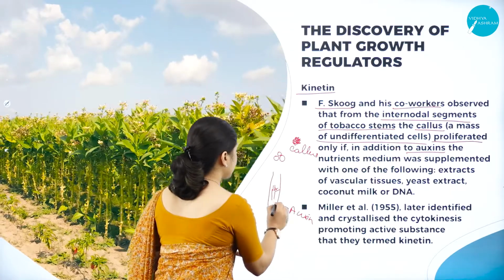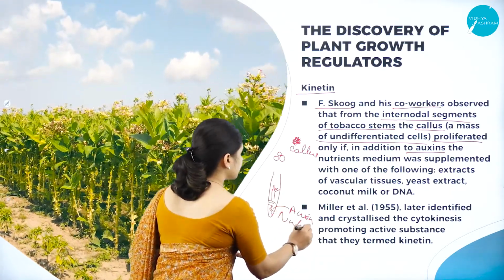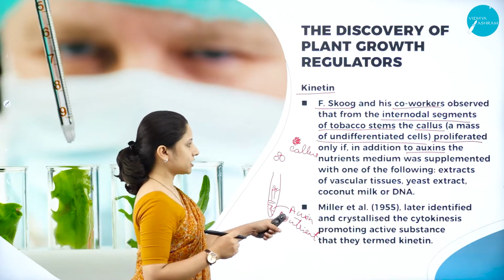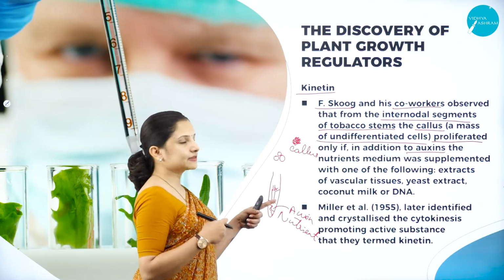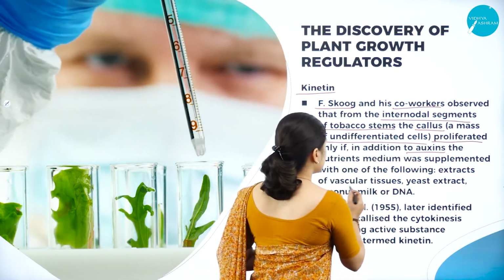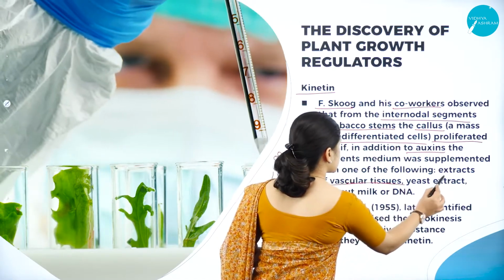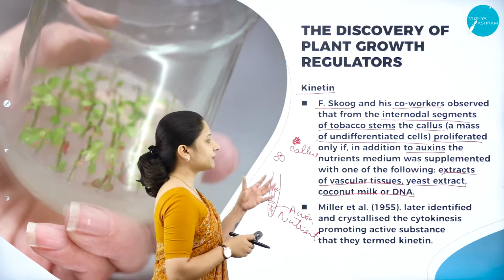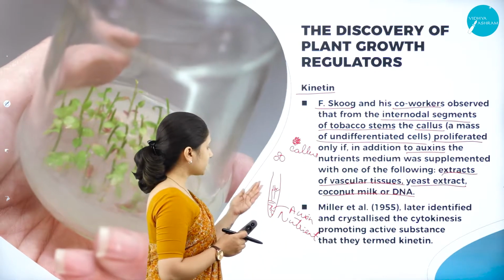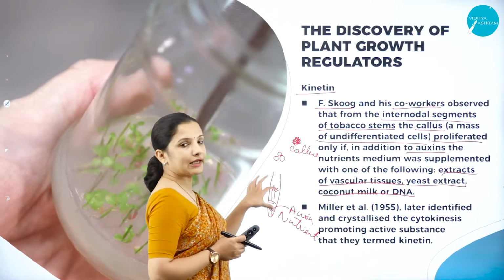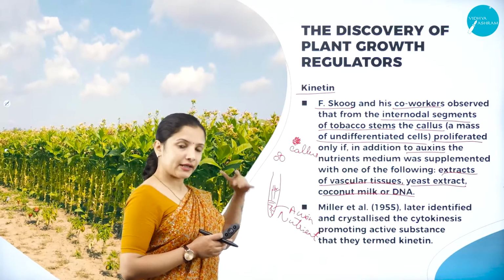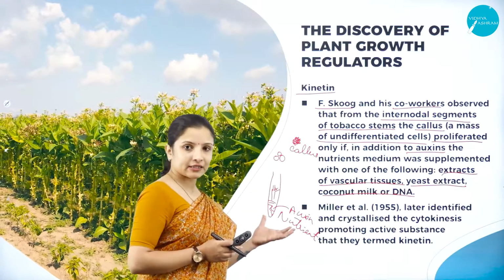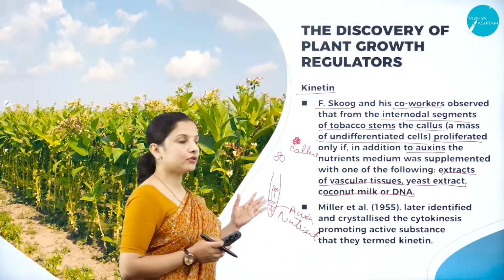They also added some extra supplements, such as extracts of vascular tissues, yeast extract, coconut milk or DNA. That is when they found some callus-like structural development, and it proliferated, or increased, when the extra supplementary materials were added to the nutrient media.